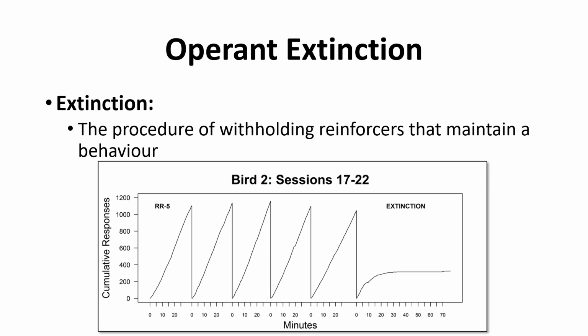As a brief refresher, this is straight out of our extinction slides in Chapter 5, I believe it was, where extinction is the procedure of withholding reinforcers that maintain a behavior.